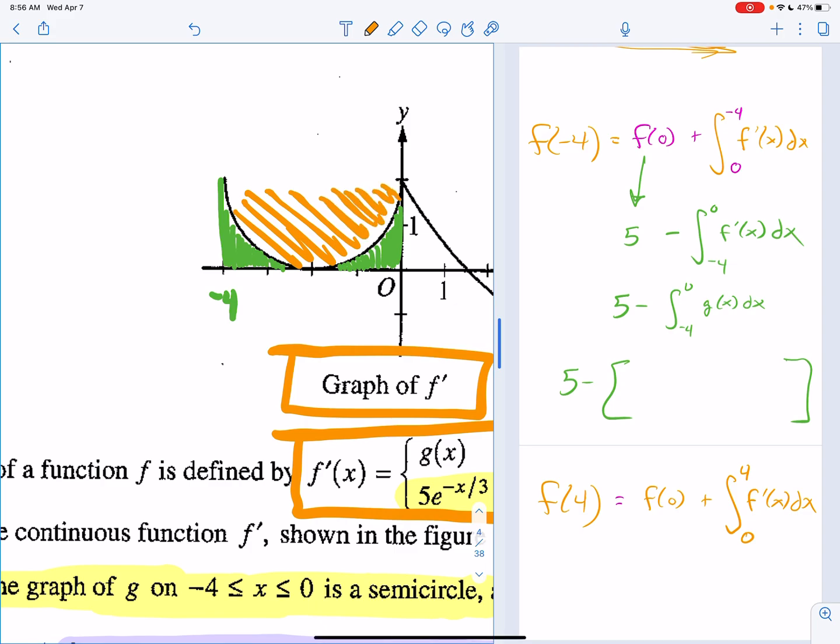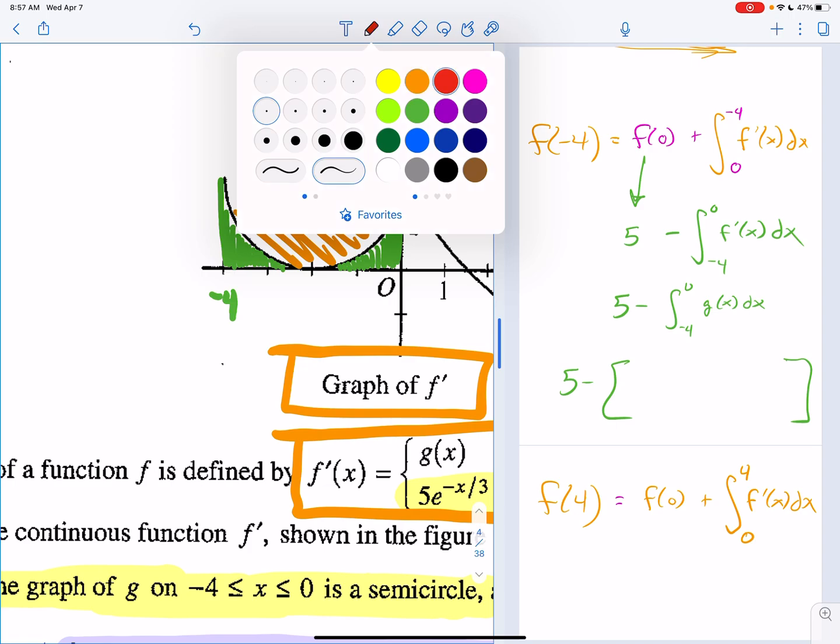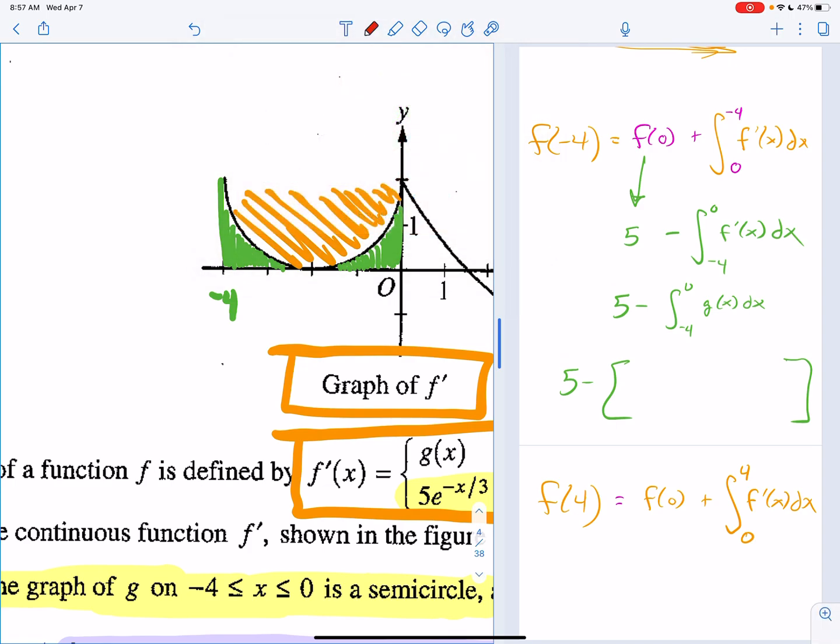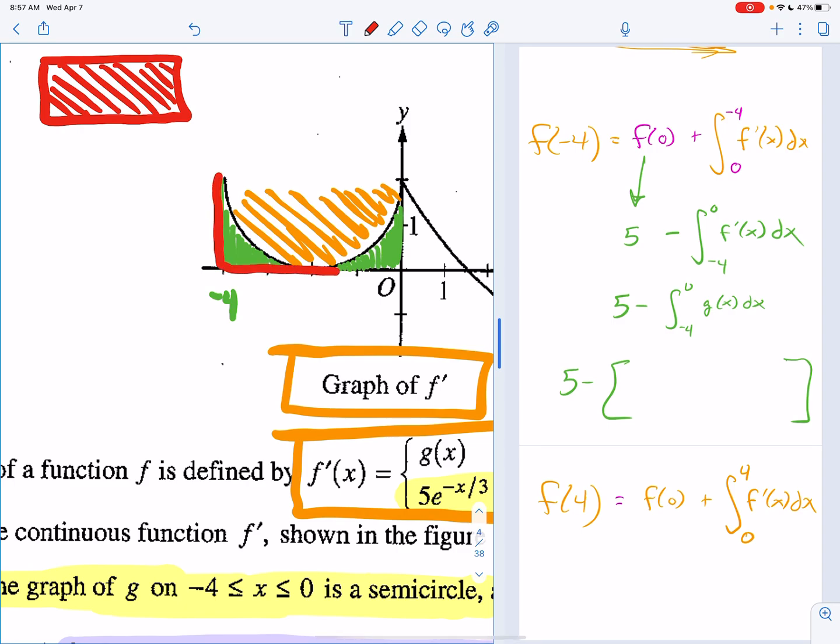That's the semicircle, but that's not what you want. You want the green stuff. So if you combine the orange and the green, it makes a perfect rectangle, which you know you can find the area of. What we're going to do is find the area of this rectangle here, and then we're going to subtract out that semicircle.